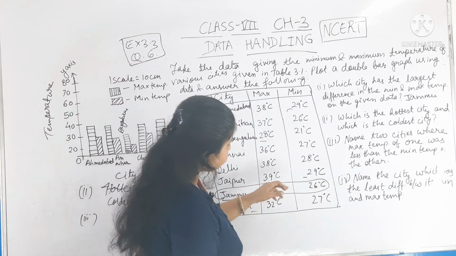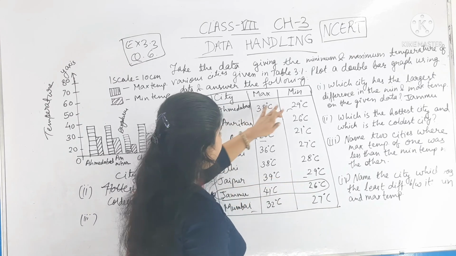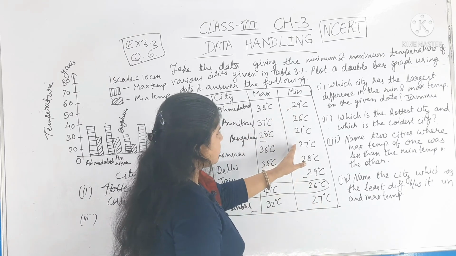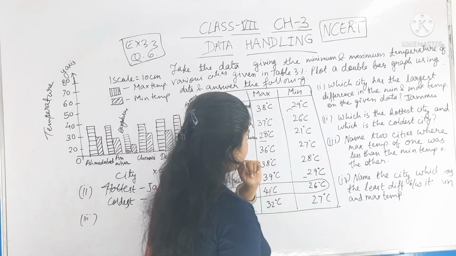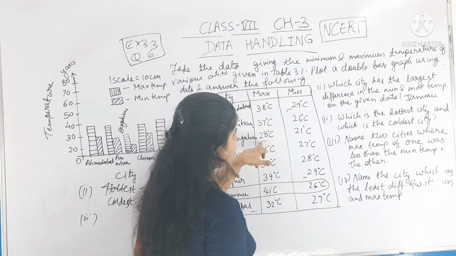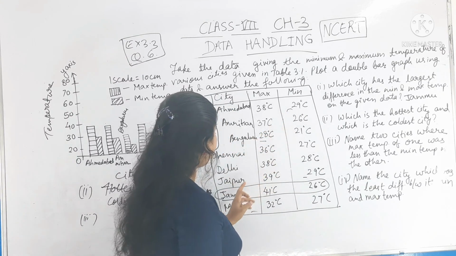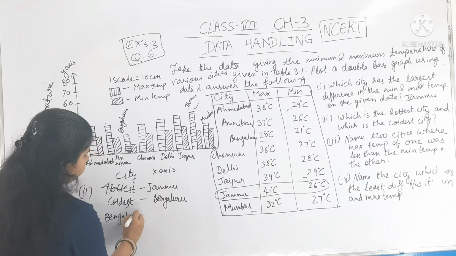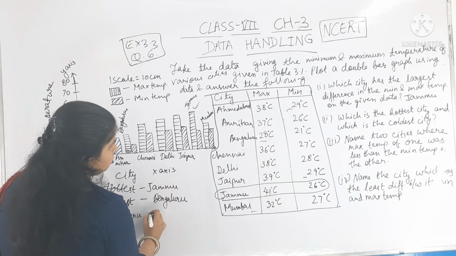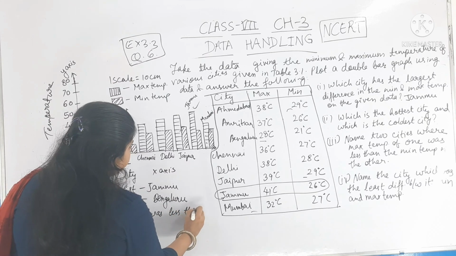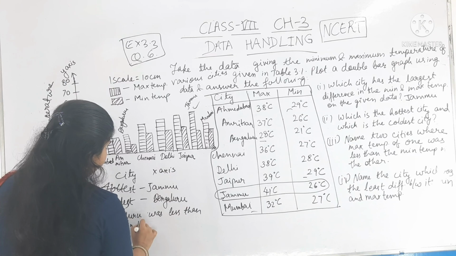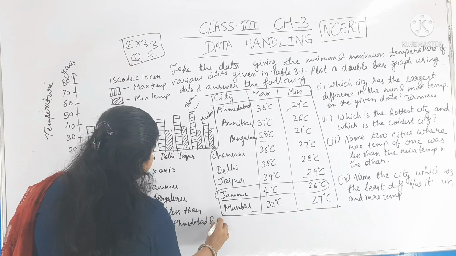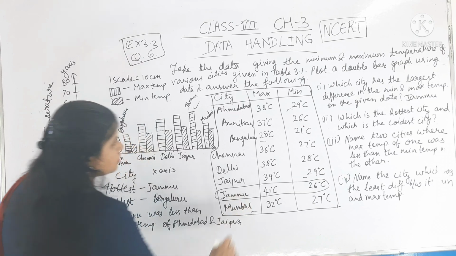The lowest maximum is Bengaluru, 28 degrees Celsius. The highest minimum temperature is 29 degrees Celsius, for Ahmedabad and Jaipur. So the maximum temperature of Bengaluru was less than the minimum temperature of Ahmedabad and Jaipur. This is the third part.